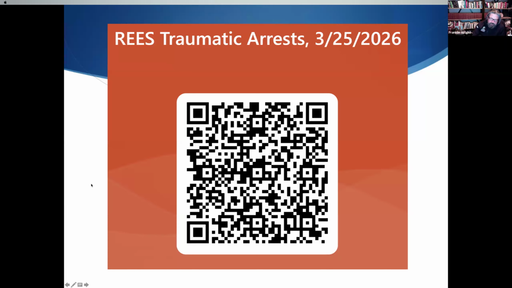TXA is a whole topic. I could talk for 10 minutes on that, but long story short, I think with any extended transport time, TXA is very reasonable. The data is not perfect, and the CRASH-2 trial has a lot of flaws. But if you're not in an urban setting where you have quick access to a trauma center, I think it's very reasonable to do TXA.